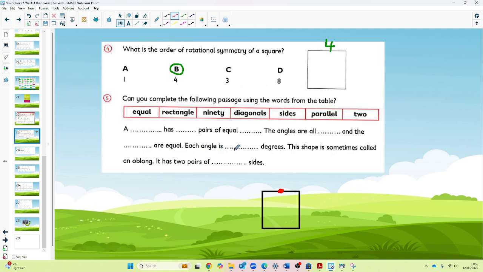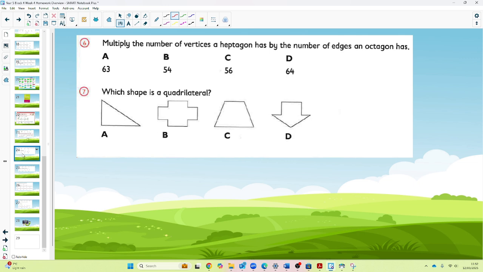Each angle is 90 degrees. This shape is sometimes called an oblong. It has 2 pairs of parallel sides. So hopefully that helps you work out which of those words go in. There's no words left over. They've all got a space, and you can add those in so that the paragraph makes sense. A bit like a closed test, which I know a lot of you are familiar with.